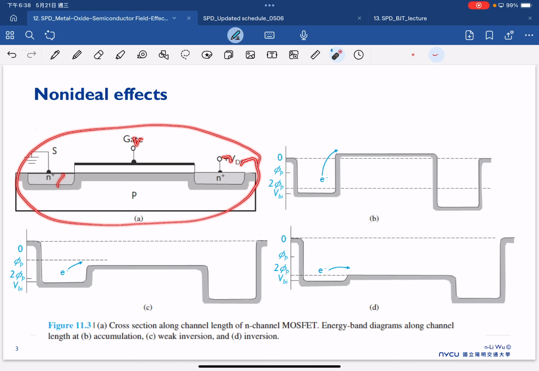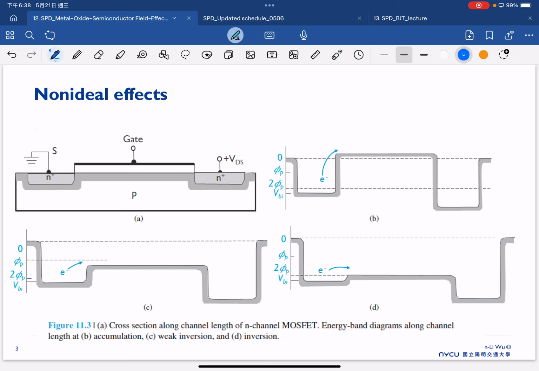So in the first condition we have VG smaller than 0, and that means we have a huge barrier between the source and the drain because of this PN junction.